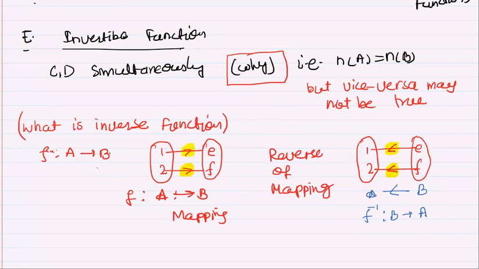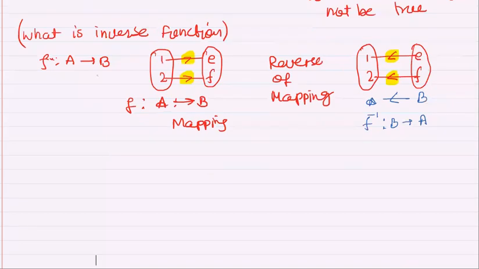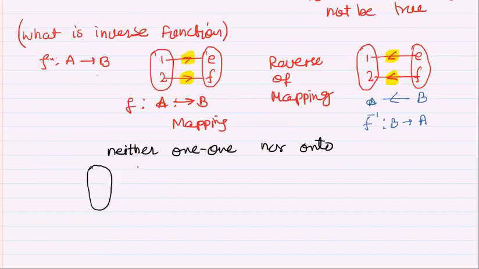Okay, so if the function is neither one-one nor onto, what will be the case? Like a, b and c and d. If this is the condition, then this function is neither one-one nor onto, right? So is this invertible?